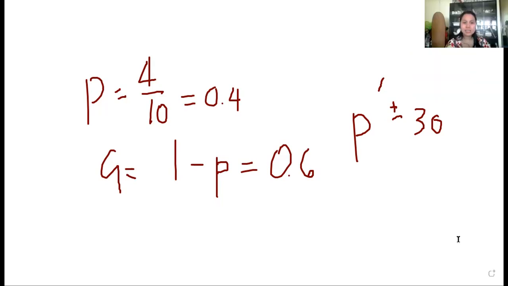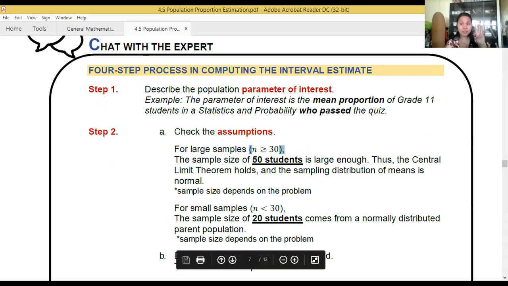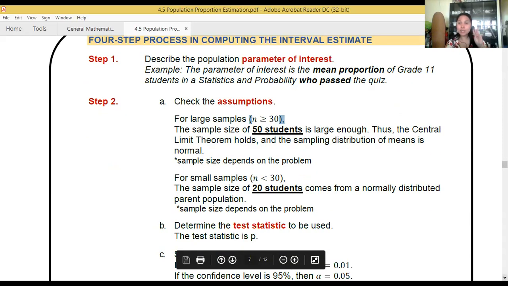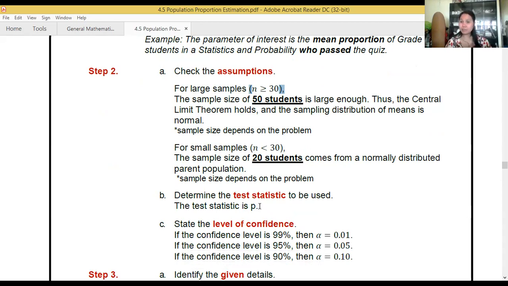Now, step 2 is still ATC: assumption, test statistic, and confidence level. Our test statistic here, since it's a proportion, we call it P. By the way, it's not P test, okay? In the previous lesson, if it's large, it's Z test.